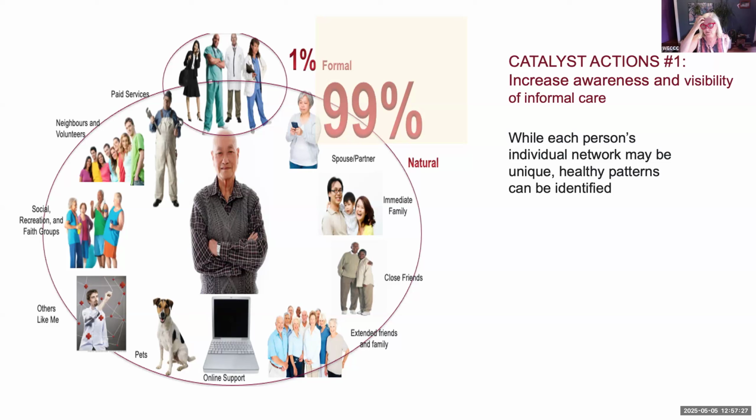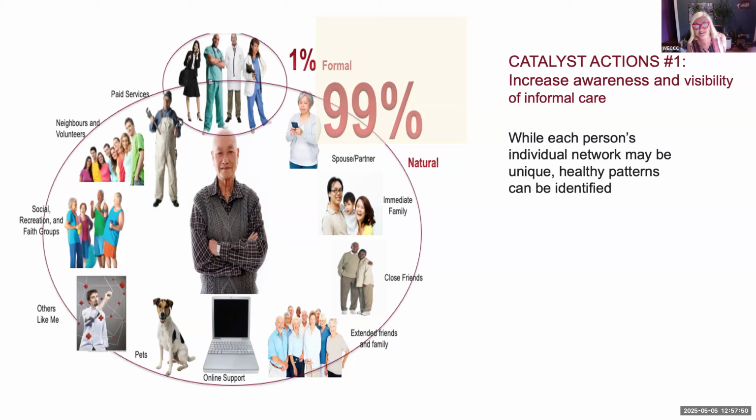With the idea that while each person's individual network is 100% unique, healthy patterns can be identified. And once we know what those healthy patterns are, we can support access to more people who are more isolated with those new partnerships, etc.